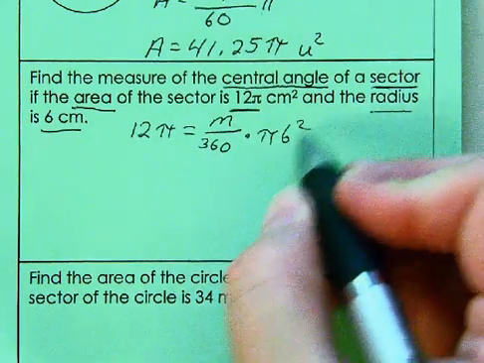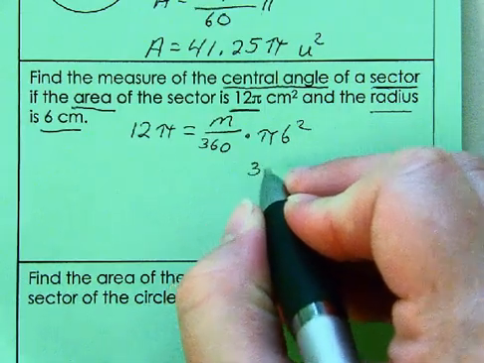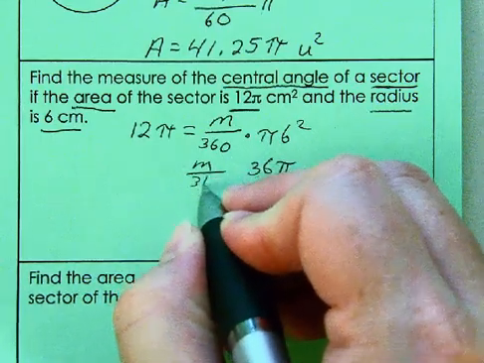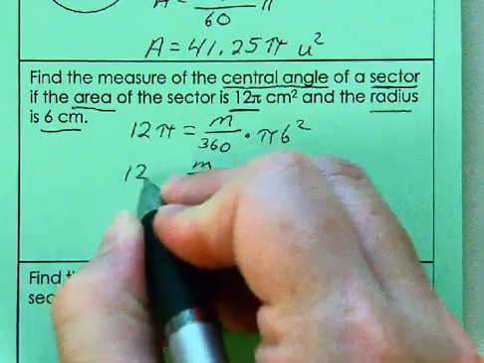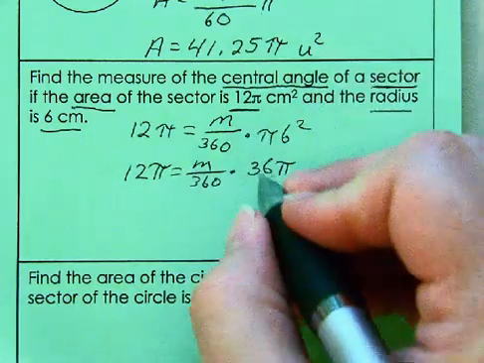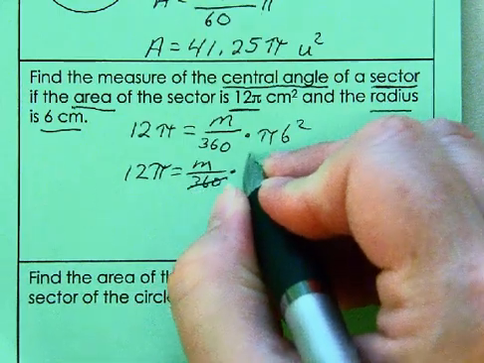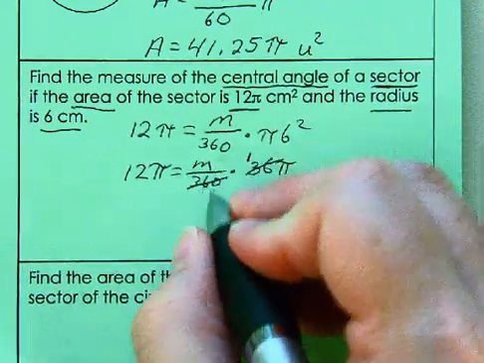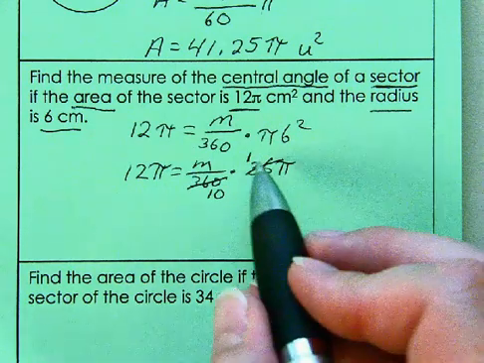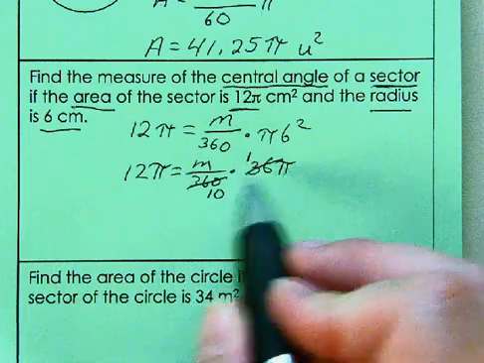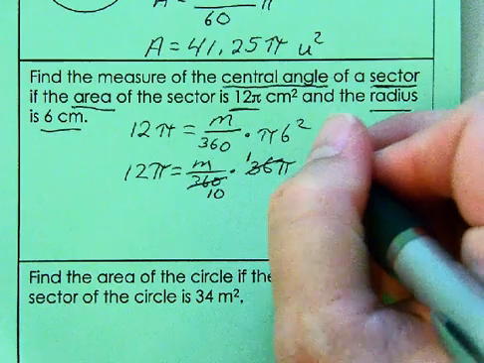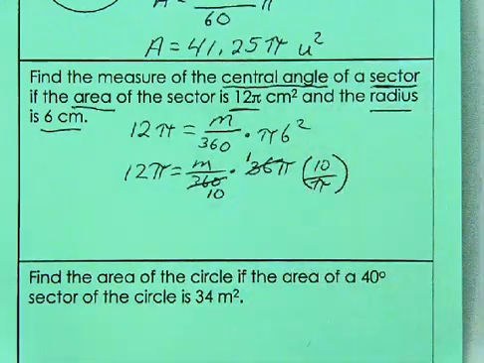So simplifying, I end up with 36 pi, and then we still have this m over 360, and 12 pi on the left. From here, I'm going to simplify my 36 with my 360. 36 goes into 36 once. 36 goes into 360 10 times. So then I'm going to take 1 pi over 10, and I'm going to multiply by my reciprocal, which would be 10 over pi, on both sides.